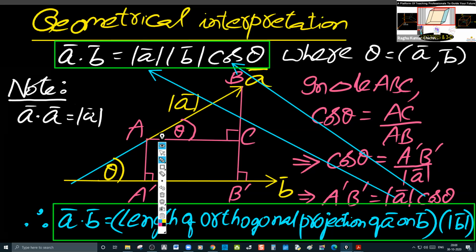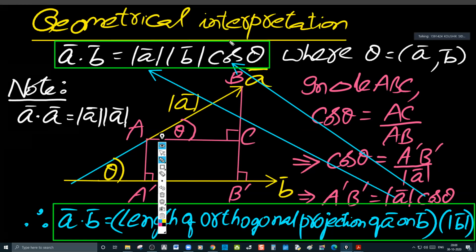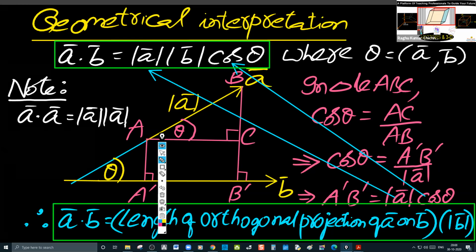In place of theta, what is to be written? What is the angle between two like vectors? Like vectors means the same vector. The angle between them will be 0. What is cos 0? It is 1. So cos 0 becomes 1.